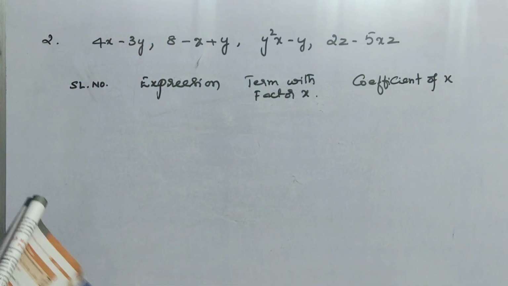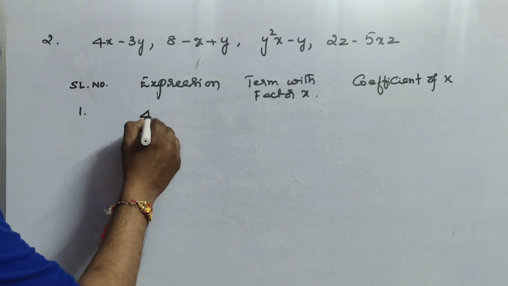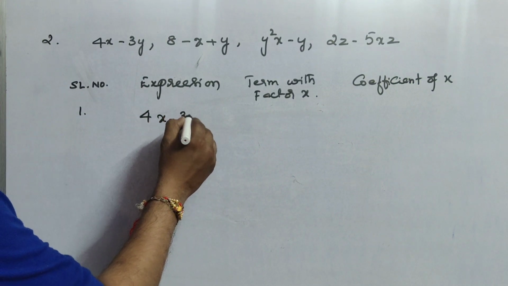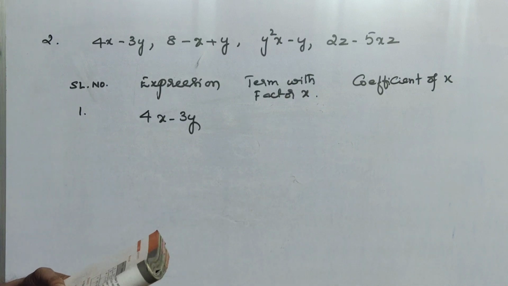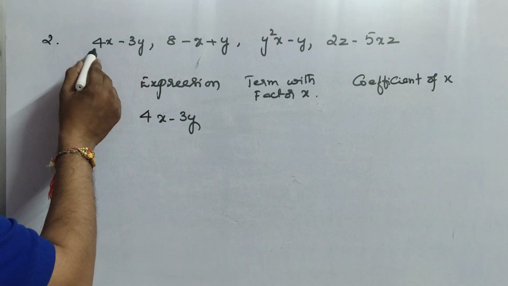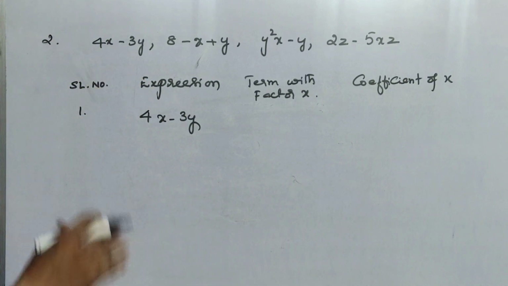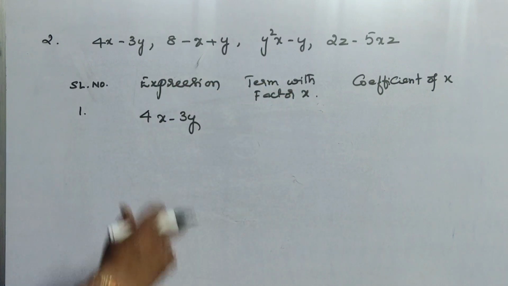Now see here, serial number 1. What is the first expression? 4x minus 3y. Now what did he actually ask? What are the coefficients of x in the following expression? Easy. 4x minus 3y means you just write the answer 4. But if you write in tabular form for a 4 mark or 3 mark question, it looks very neat.